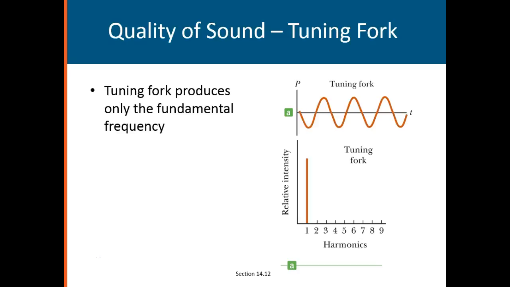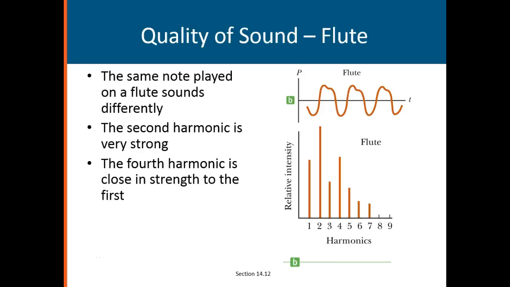The same note is played on a flute. This sounds a little bit different, because a flute is closed at this end, if I'm not mistaken, open at that end. Then you're fingering with your fingers, and you happen to hit the same note. It's a little different. The same note played on a flute sounds different because you have a first harmonic, which is what the tuning fork does, but on the flute, for some reason, the second harmonic is your strongest.